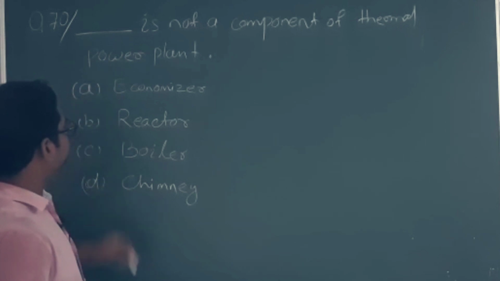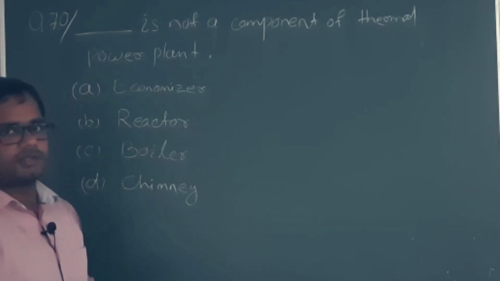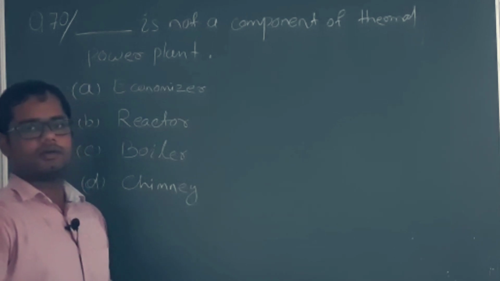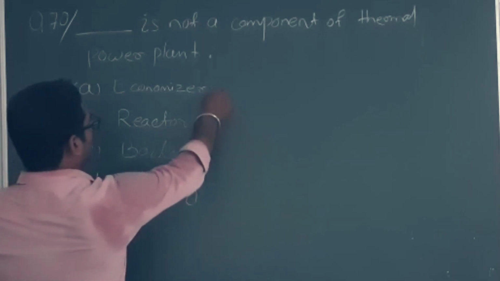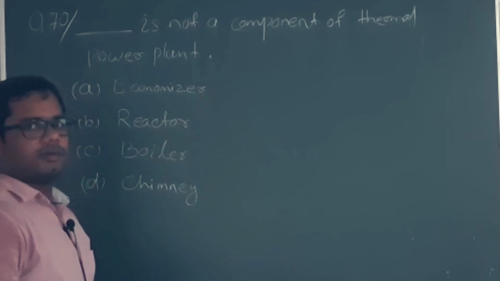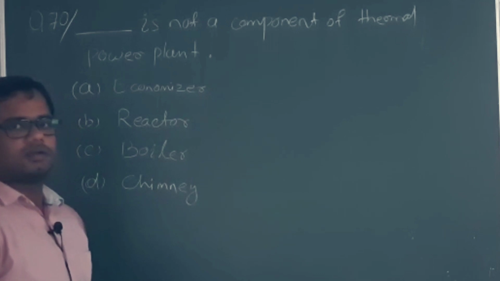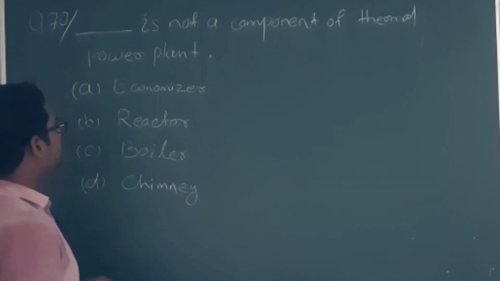So economizer, what is the economizer? This is present in the thermal power plant, where the water put into the thermal power plant should be preheated to increase the efficiency.